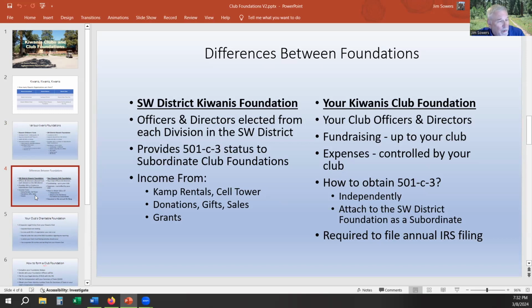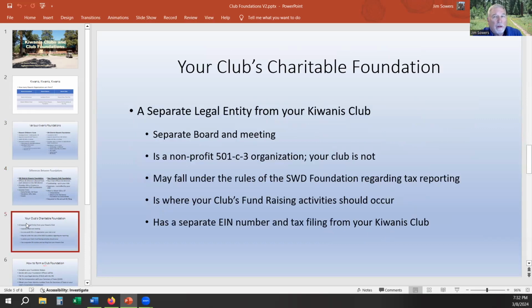And we have a governor and a governing board made up of lieutenant governors that watch over the Southwest District. So we're two entities there. Your Kiwanis Club then has those same two kinds of things.